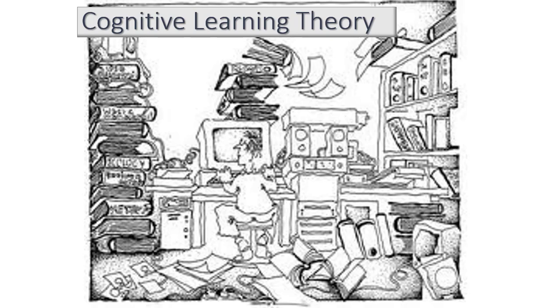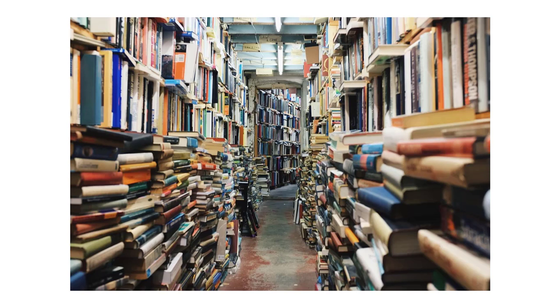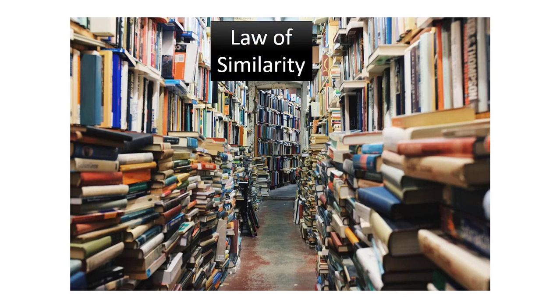So if we think about cognitive learning theory, there really are three key laws that tend to apply to it that are very often cited. First of all, the law of similarity. And the law of similarity basically says that our minds work best with information that is similar rather than dissimilar.